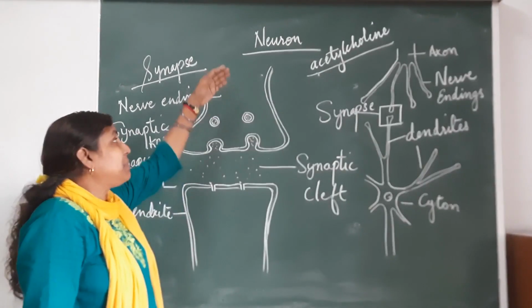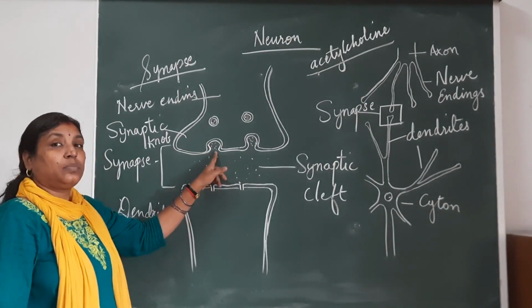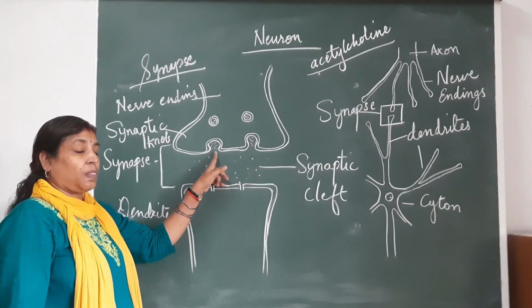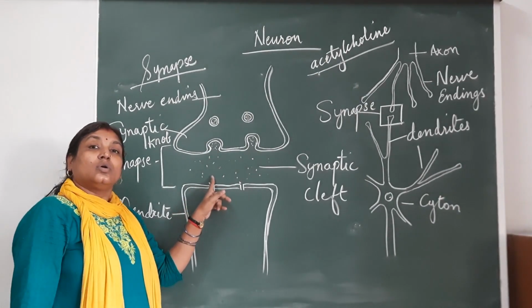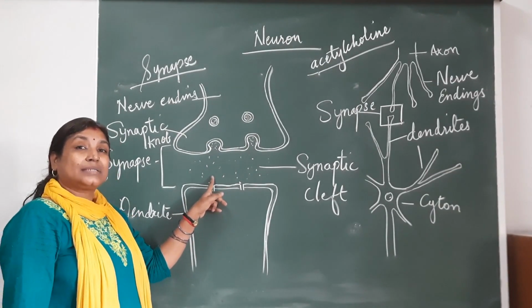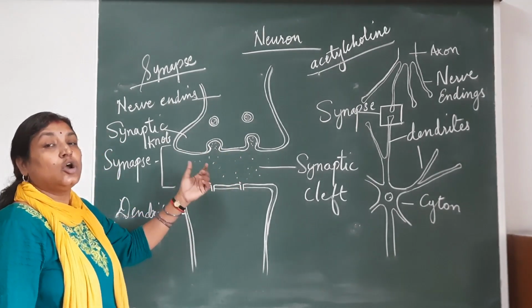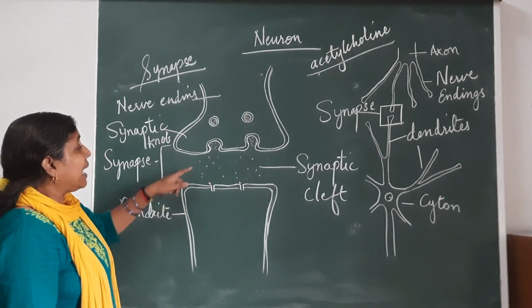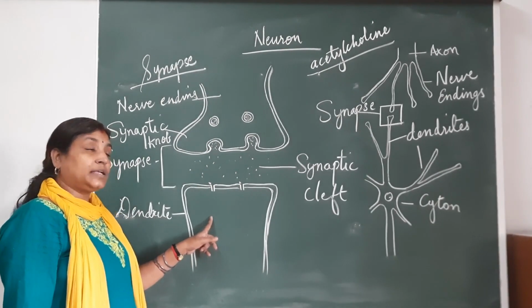Now, as soon as the message is received, the synaptic node releases the chemical from the vesicle structure into the synaptic cleft, that is the space between two neurons or the gap. That is perceived by the dendrite of the next neuron.